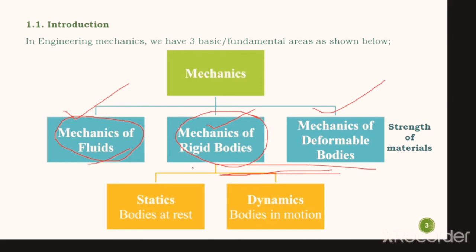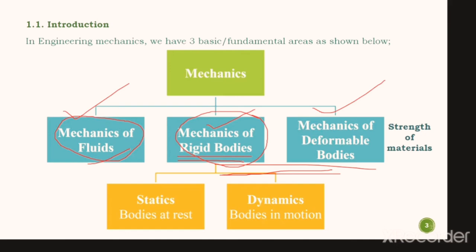So what is the difference between mechanics of rigid bodies and mechanics of deformable bodies? In mechanics of rigid bodies, we assume that the bodies are rigid. They are not going to deform under force or load.